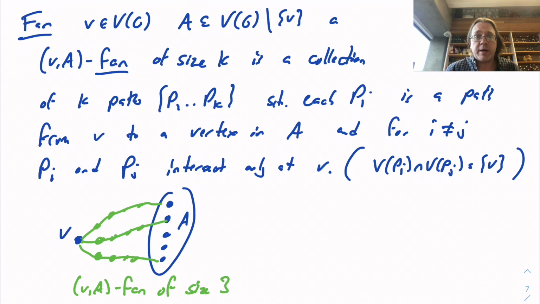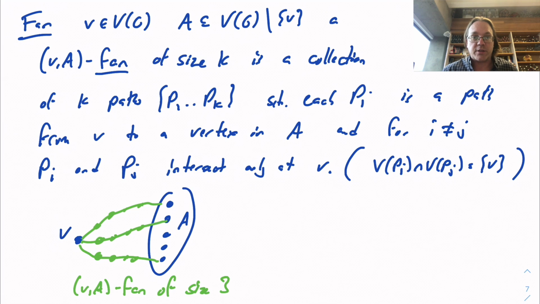Right, so I have three paths. They all start at the vertex V, they all end at the set A, and they're completely disjoint except for the vertex V. So you should see this is a mixed version of what we had before. We have a version for paths that go between a pair of sets A and B. If I give you two vertices, we have a version for internally disjoint paths from one to the other.